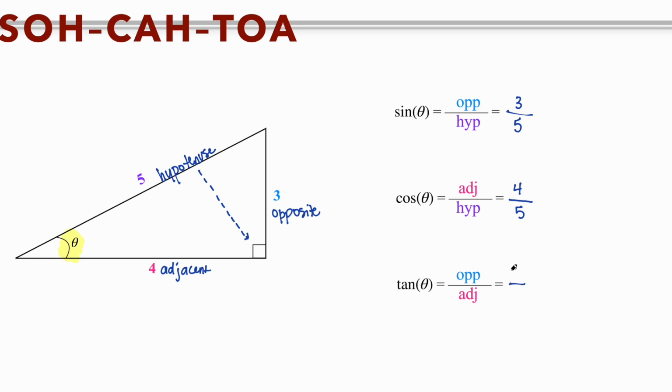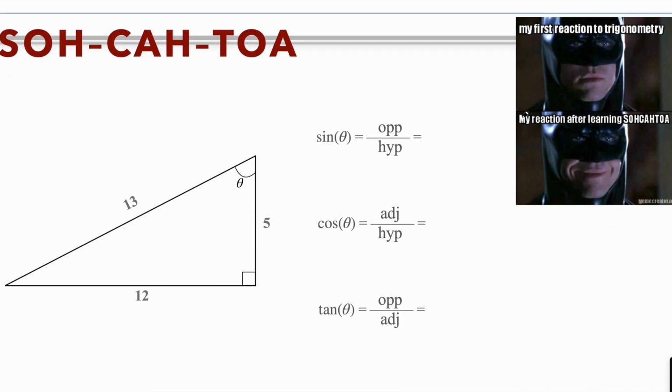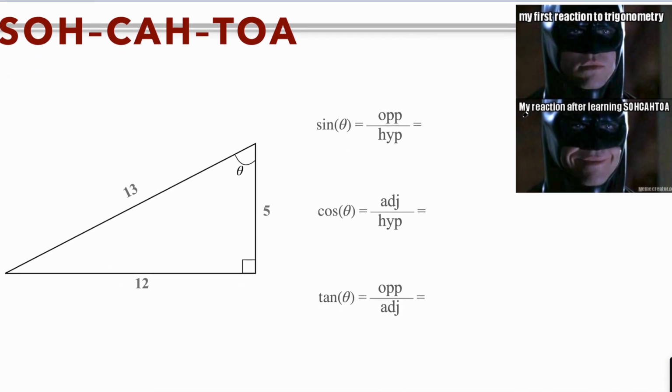And tangent is my opposite side, which is 3, divided by my adjacent, which is 4. Now understand that these are just ratios right now. We have not actually found the angle. We know that the sine of the angle is going to be this ratio.